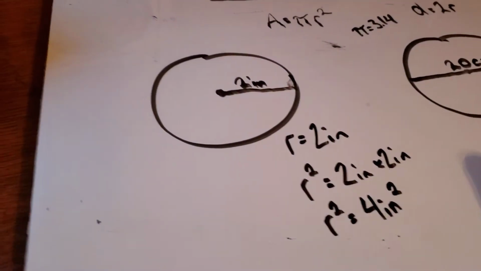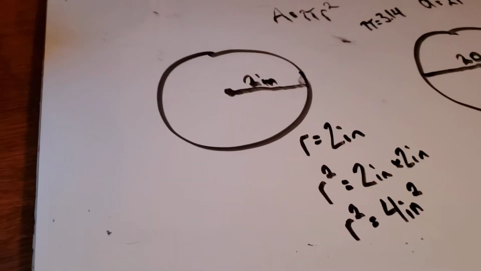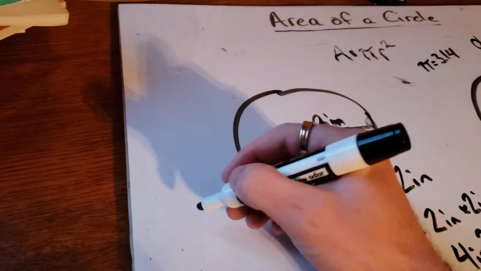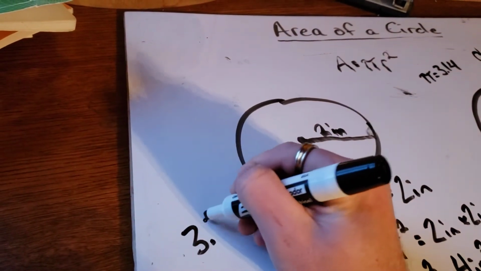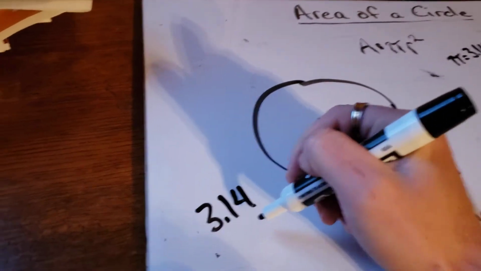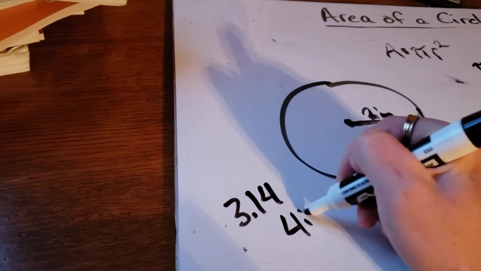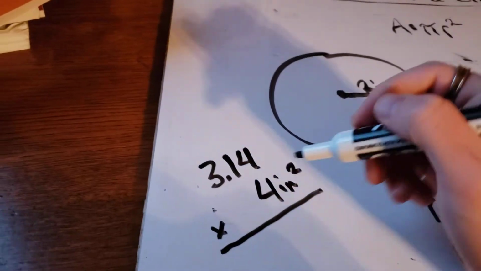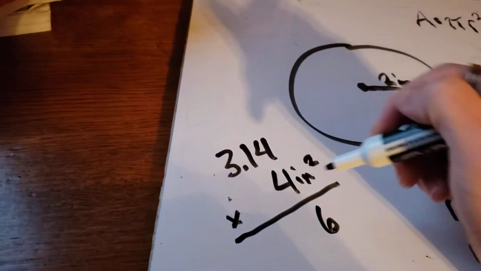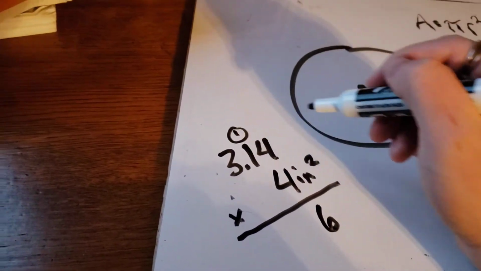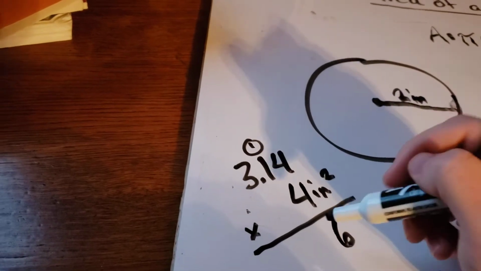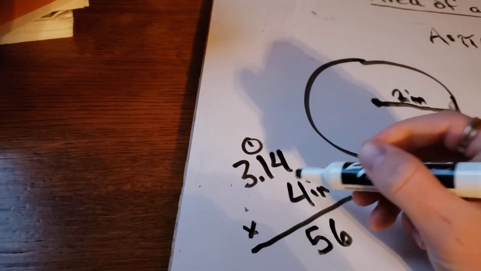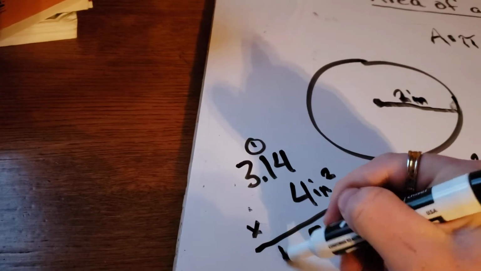Now the last step we have to do is multiply our radius squared by pi. So pi is 3.14. Our radius squared was 4 inches squared. So now we multiply. 4 times 4 is 16. Carry the 1. 4 times 1 is 4, plus 1 is 5. 4 times 3 is 12.